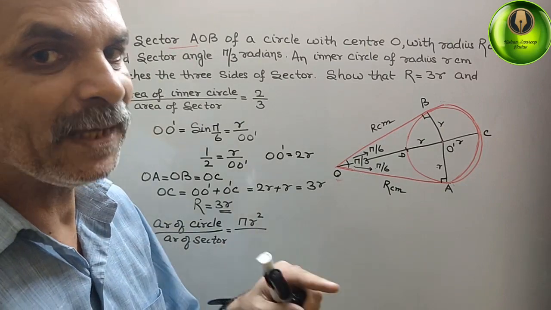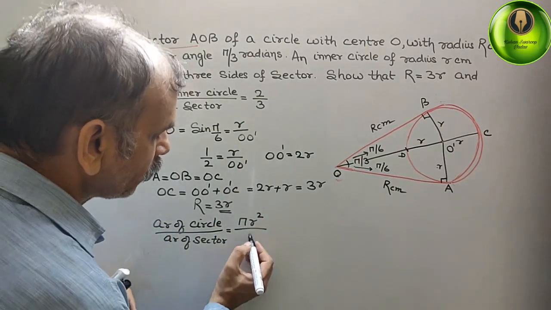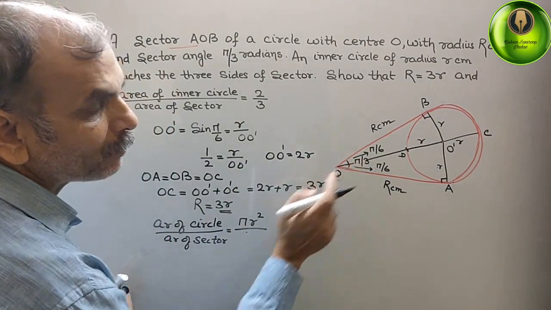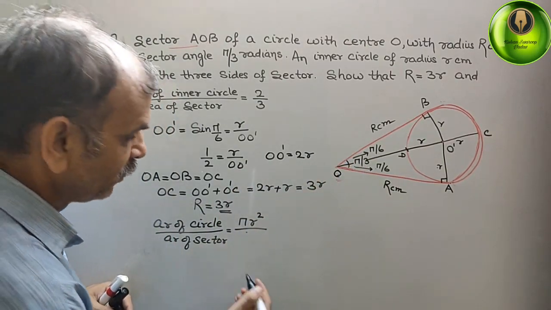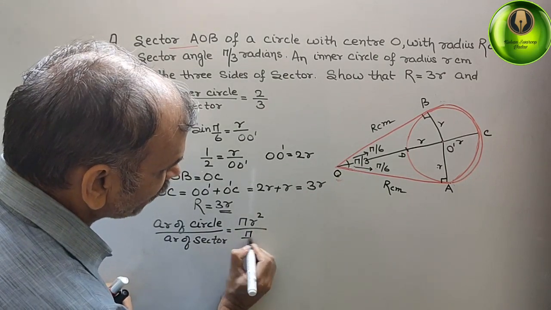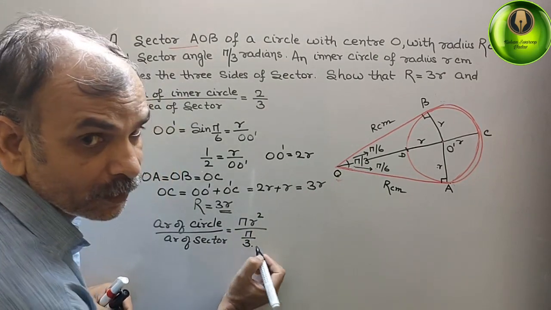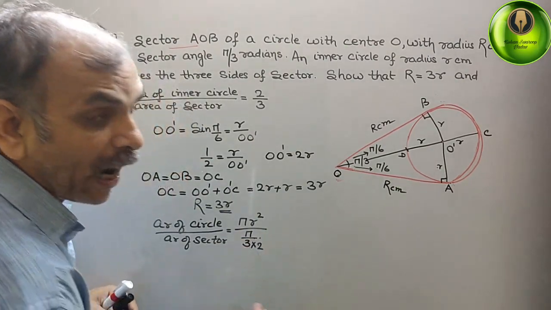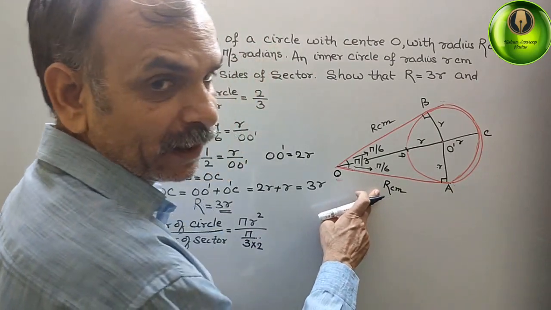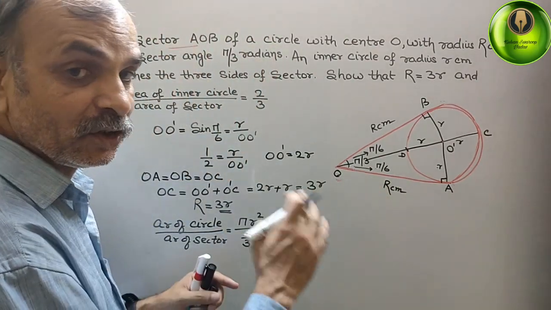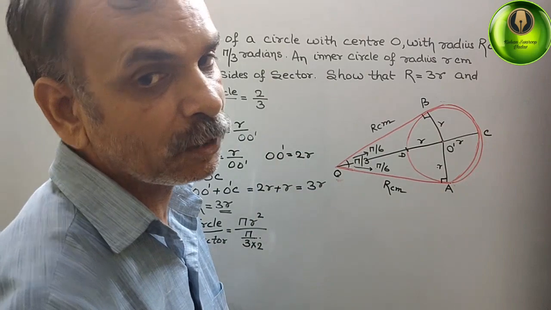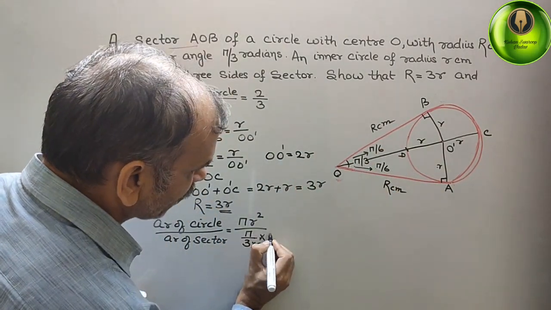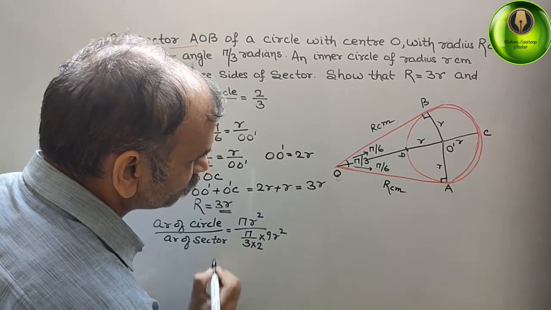Theta by 2 pi R square. So theta is how much? Pi by 3. So here we will write pi by 3 divided by 2, that means 2 will come here only, into R square, but R is capital, that is equal to 3r. 3r square is what? 9r square. So here we will get 9r square.